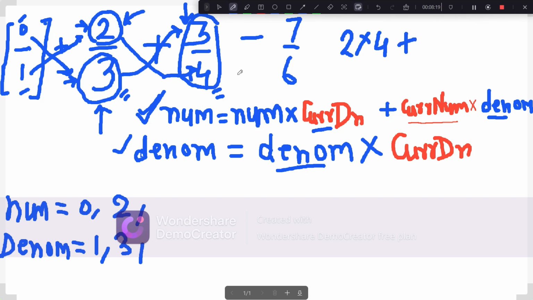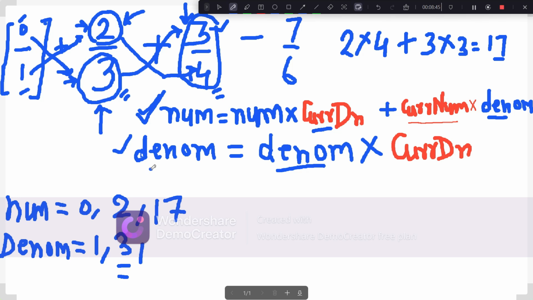Numerator is 3, right? So we will take 3 here, and multiply it with the denominator. The denominator is 3 here, so 3 into 3. So what will be the total value? It would be 8 plus 9, which is 17, right? So our num new value is 17 here. We have put 17.